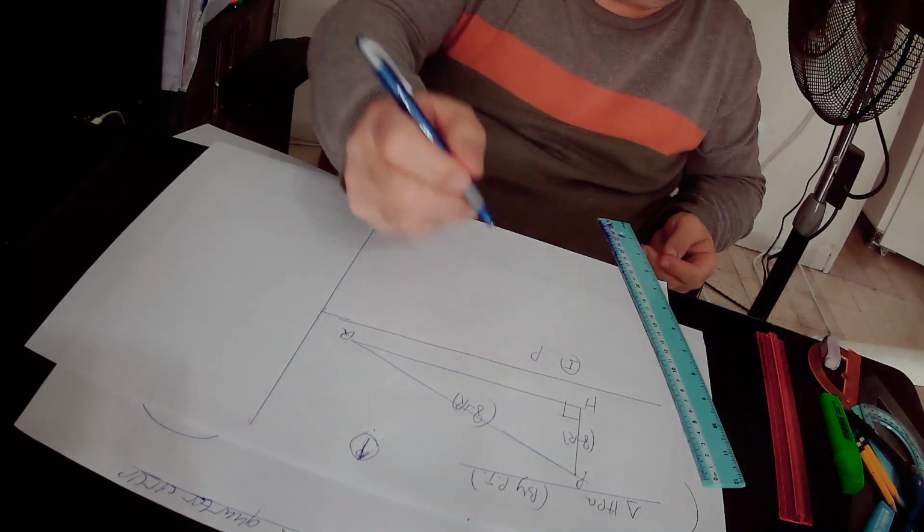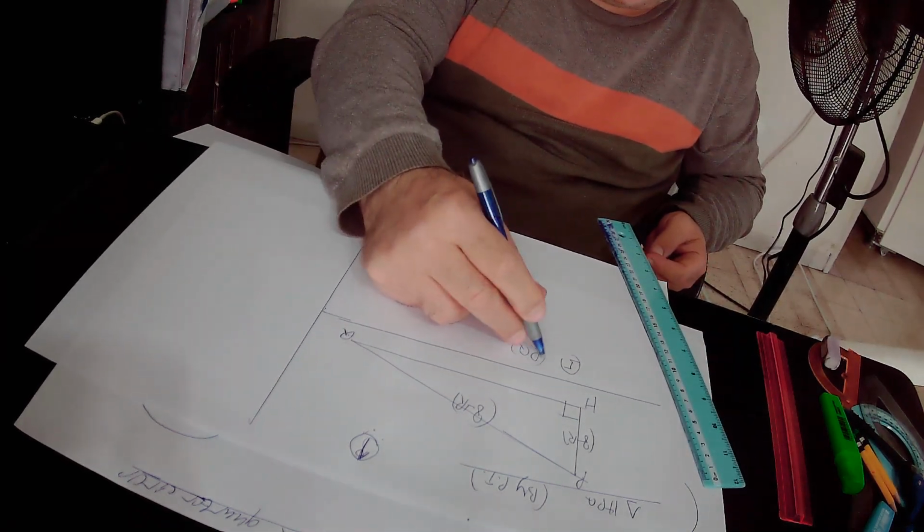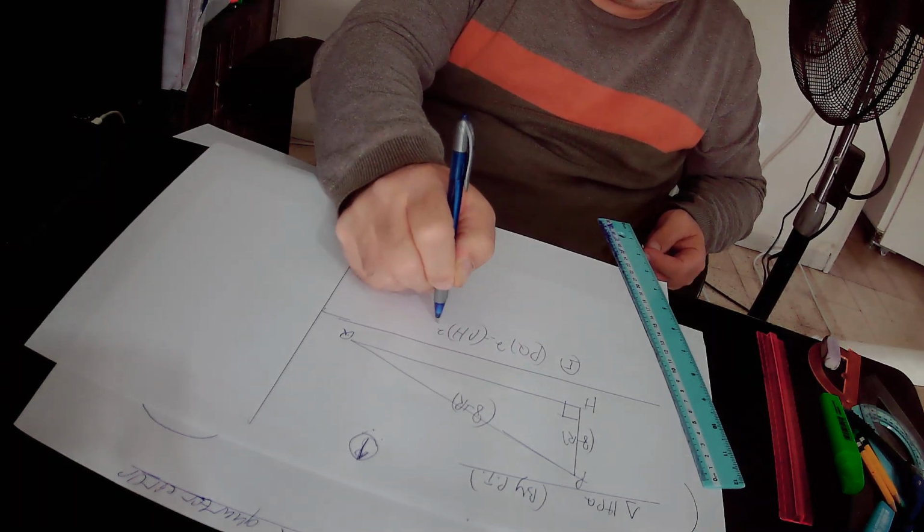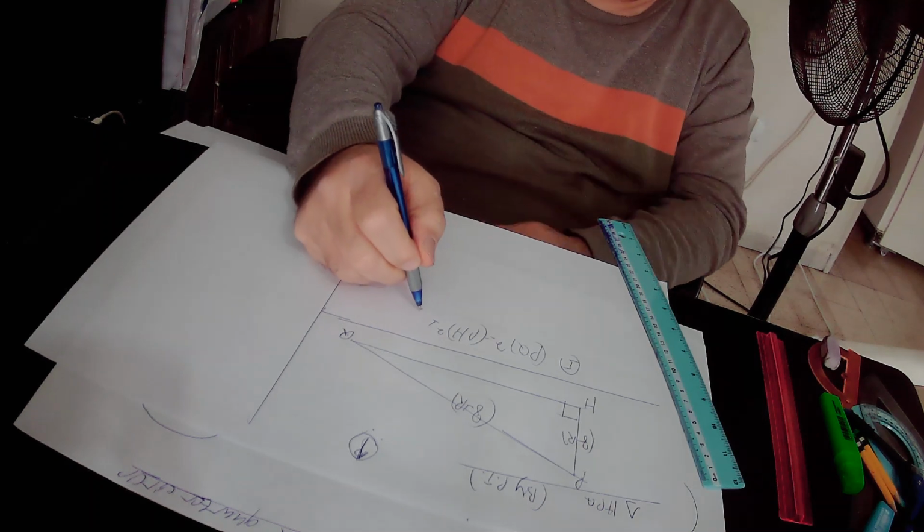PQ square equals PH square plus HQ square.